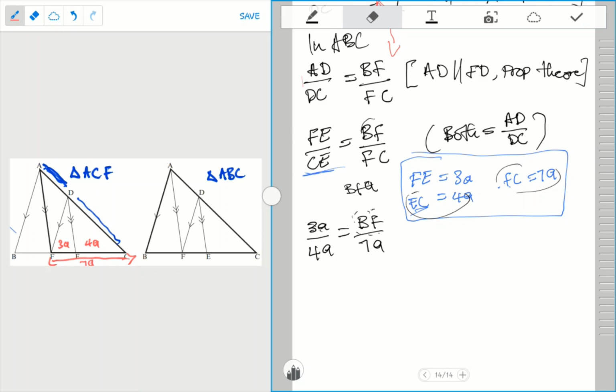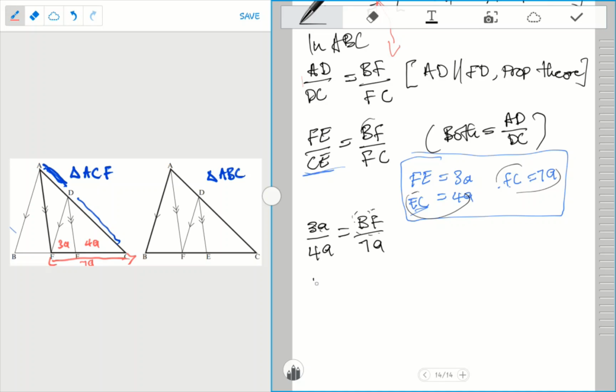Okay, then now we clearly know that FE, as we said, is equal to 3A, and CE is 4A, and BF is an unknown value, and FC is 7A. Okay, now let's cross multiply.